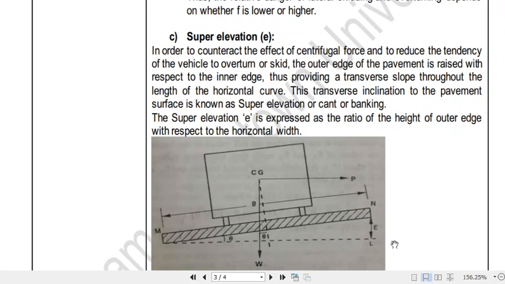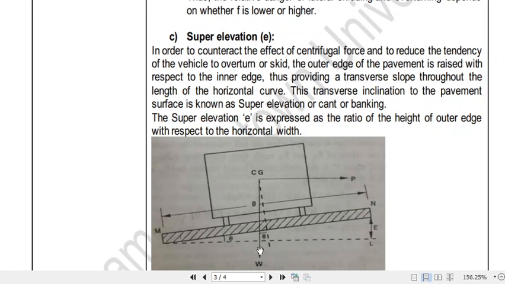Now this super elevation E is expressed as the ratio of the height of the outer edge with respect to the horizontal width. In practice, the inclination theta with the horizontal is very small, and the value of tan theta seldom exceeds 0.07.